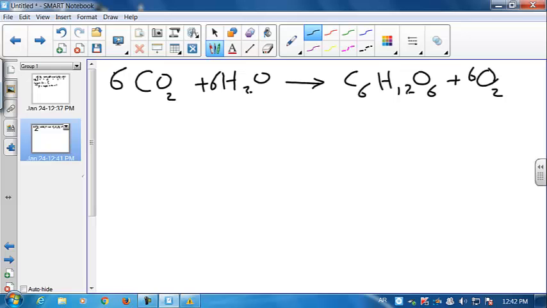Number 2, write the mole ratio. You have to make this step. This means that 6 moles of carbon dioxide react with 6 moles of water to give 1 mole of sugar and 6 moles of oxygen. Can this be simplified more than this? It cannot be simplified more.